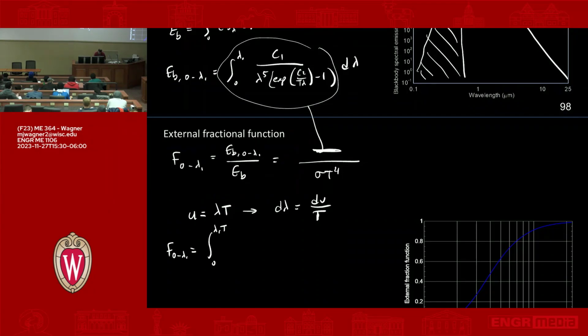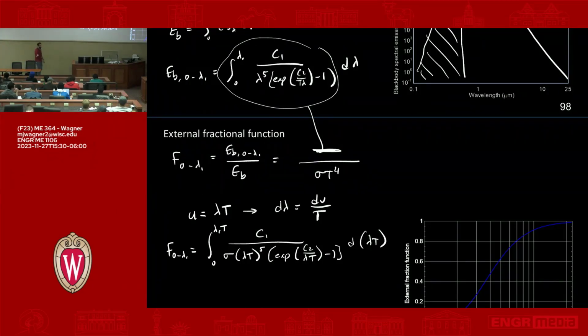And the equation over here becomes C1 over sigma times the quantity lambda times temperature to the fifth, times exponential of C2 over lambda times temperature, minus 1, d(lambda T). So why did I do that? Just to prove to you that if we make this substitution, I now have this entire expression in terms of the product lambda times T.